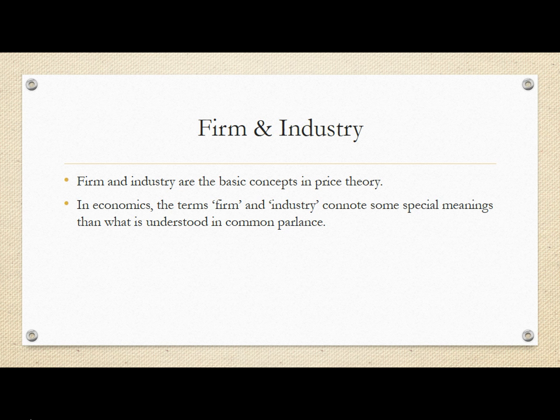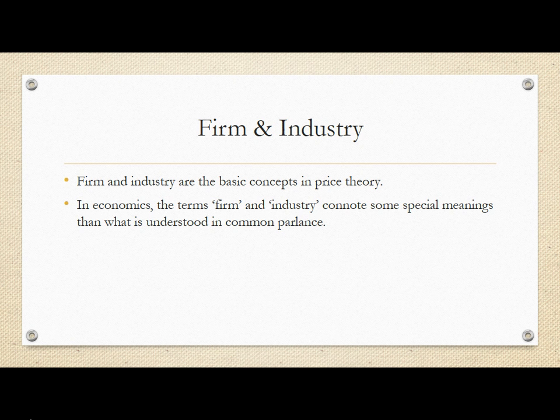Here, the term homogeneous implies similarity of productive activities, results, and satisfaction of similar wants by similar kinds of goods. Thus, there are firms engaged in the same or similar type of production. All these firms together constitute the industry.